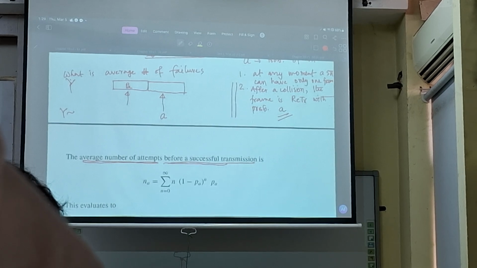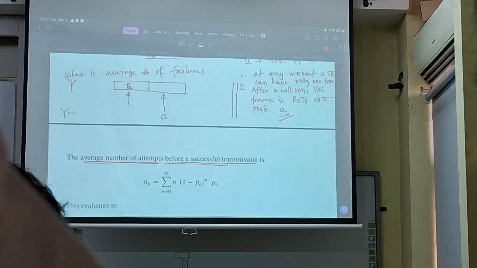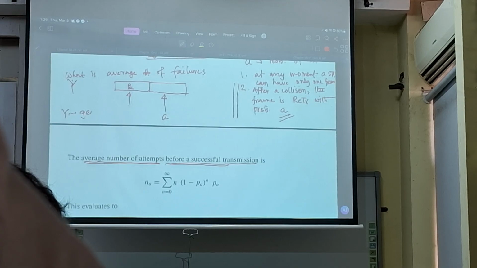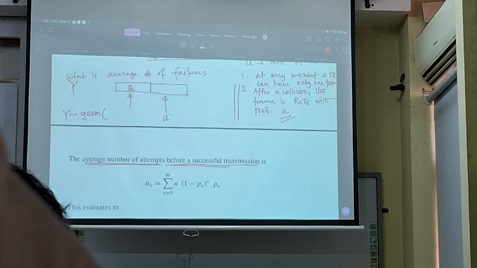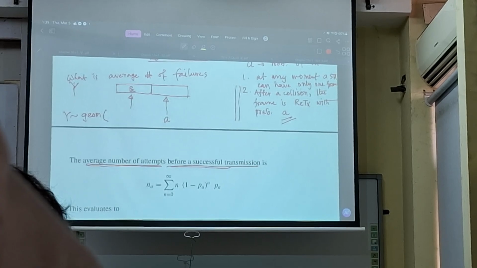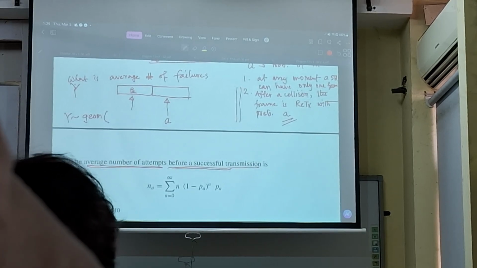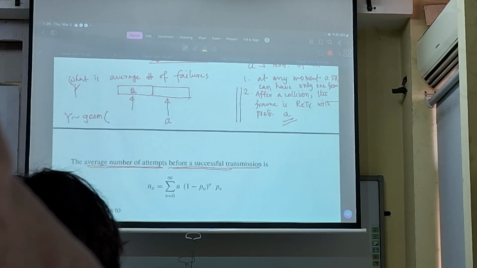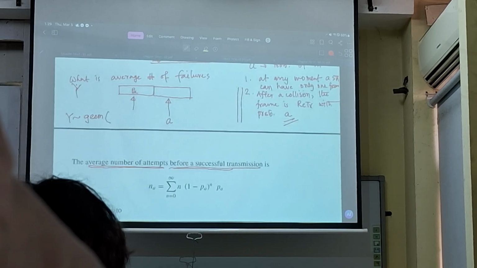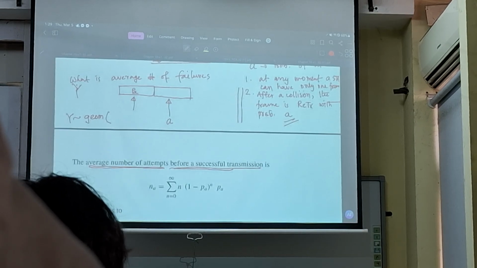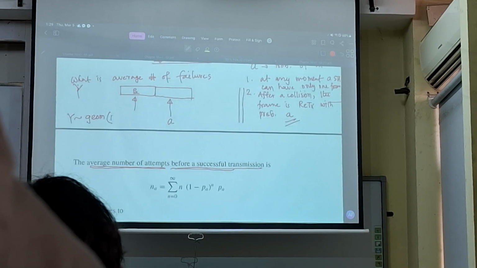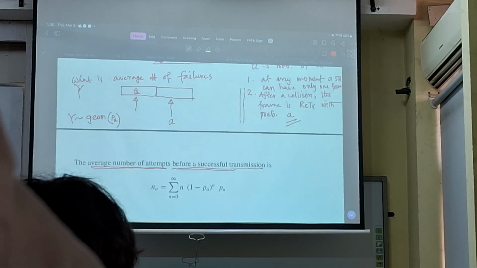You said it's geometric. Okay, it is geometric. What is the parameter? When you toss a coin, the probability of heads is the parameter. That is the probability of success.